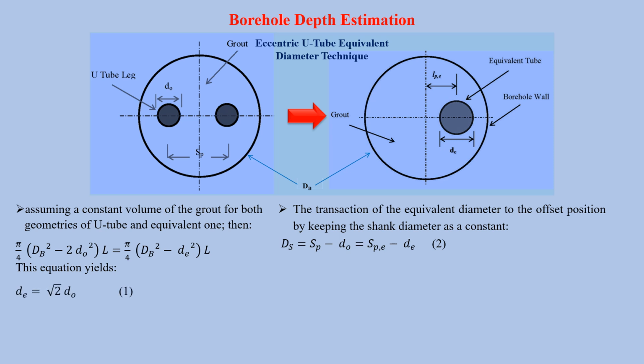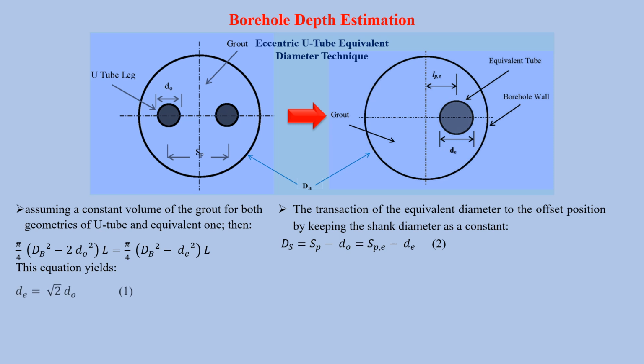That is d sub s equal s sub p minus d naught, which is equal to s sub p e. E here refers to the equivalent.